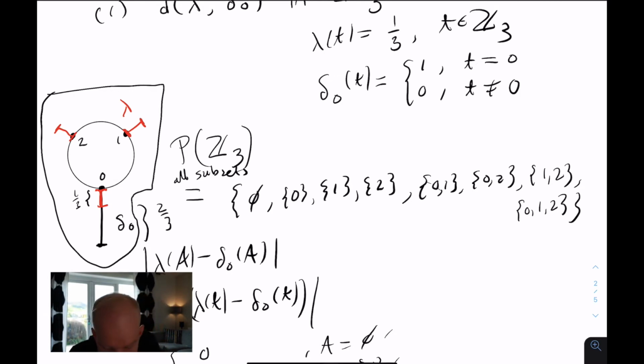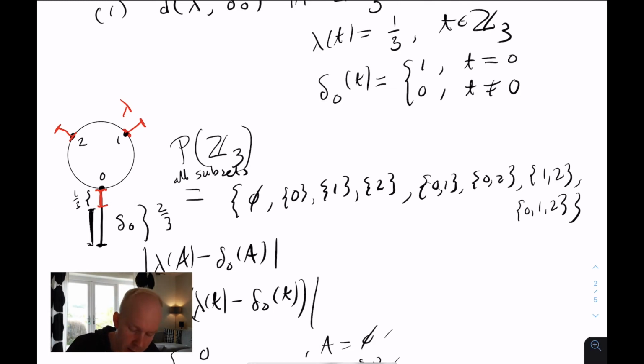Then you could try to think that if you want to find the distance, where did it mostly come from? It seemed to come from these points where something is a bit bigger, so this part where this is slightly more than that, and then these other points where it's less than that. So you could try to take a set of just the points where this delta 0 is bigger than lambda, which is only this point, and then use that set somehow to symmetrize the argument.